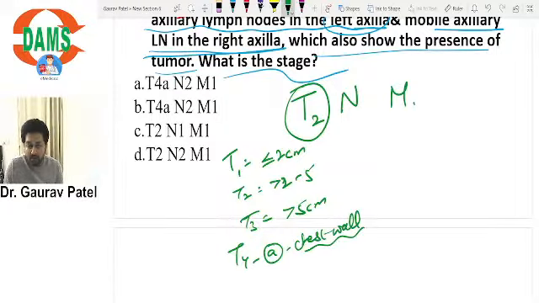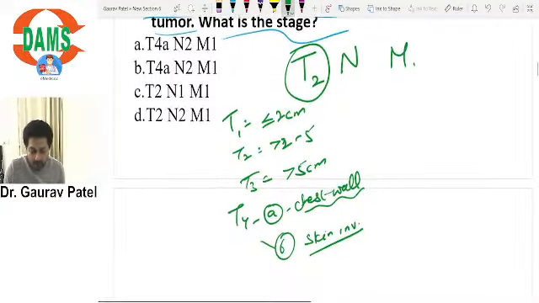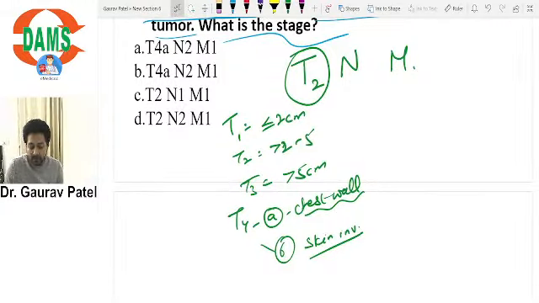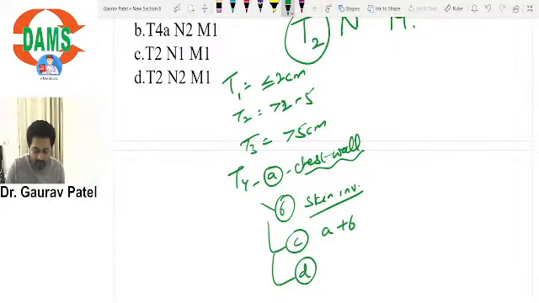Chest wall involvement means ribs, intercostal muscles, and serratus anterior. T4B is skin involvement, that means satellite nodule, ulceration, or peau d'orange appearance. Retraction of the nipple and dimpling is not included. T4C is both chest wall and skin involvement, and T4D is inflammatory carcinoma. So this is the T staging.